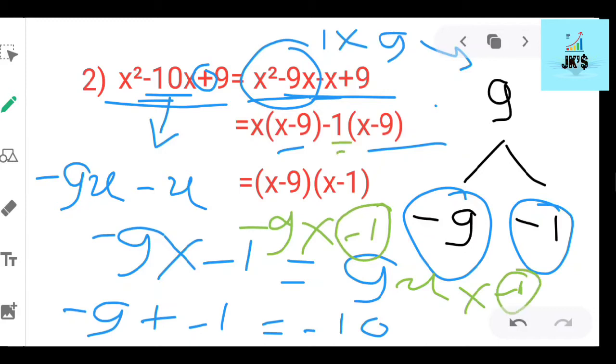So what remains? Here is x, and here minus 9, means it became x minus 9. So x minus 9 is common in both, so we take it common, and in another bracket, that is x minus 1. So the factors are x minus 9 and x minus 1.